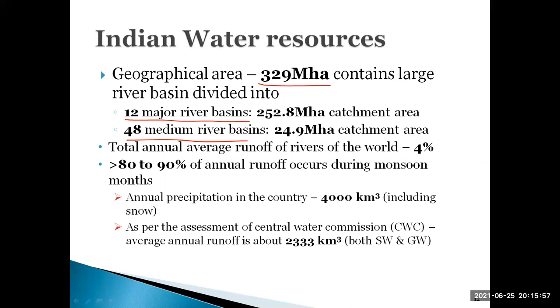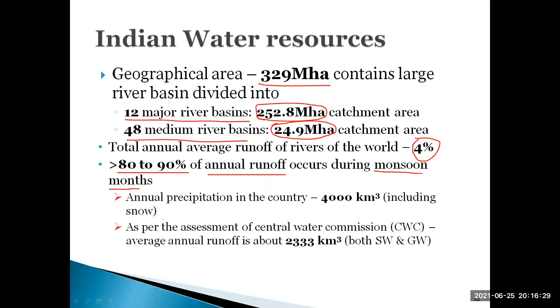The 12 major river basins have a catchment area of about 252.8 million hectare, and the medium river basins around 24.9 million hectare. The total annual average runoff of the rivers of the world is around 4%, and more than 90% of the annual runoff occurs during the monsoon months.